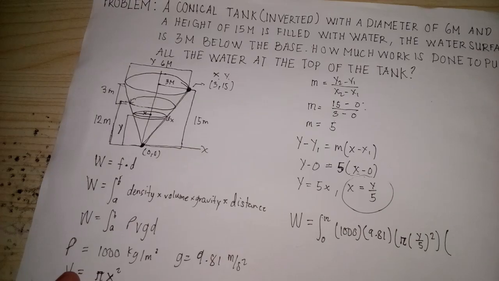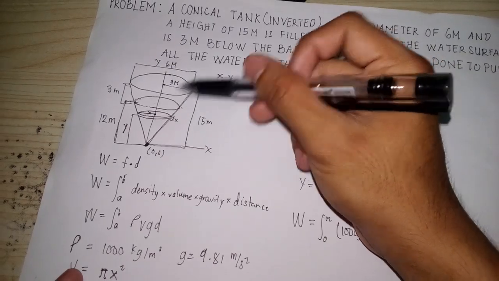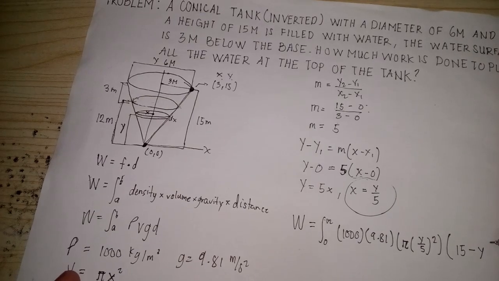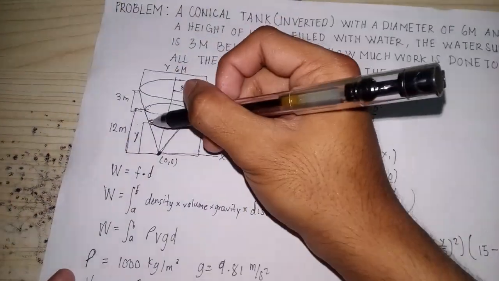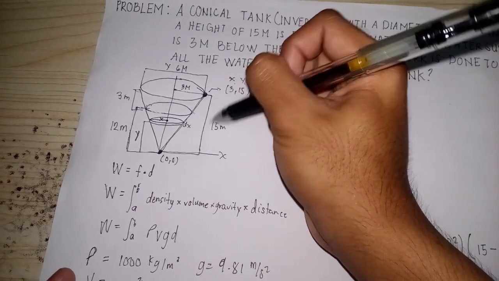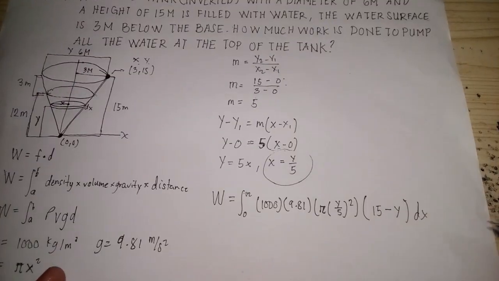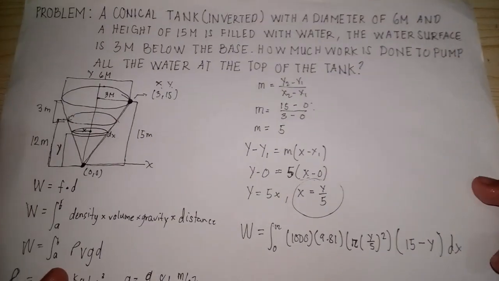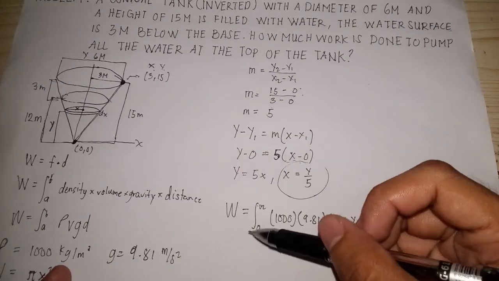Our distance is, of course, to pump the water to the top. So this is now equal to 15 minus y. That is our distance. That's our final equation when we substitute all the values in our formula.